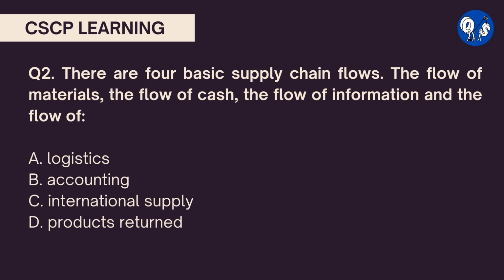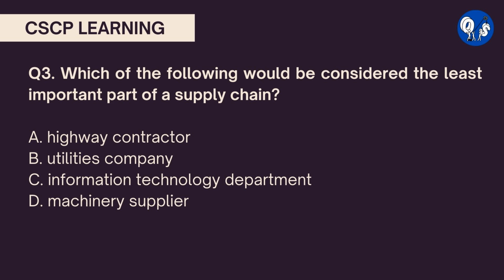Now let's see what we have in question number 3. Which of the following would be considered the least important part of a supply chain? A. Highway contractor, B. Utilities company, C. Information technology department, D. Machinery supplier. The correct answer is A. Highway contractor.